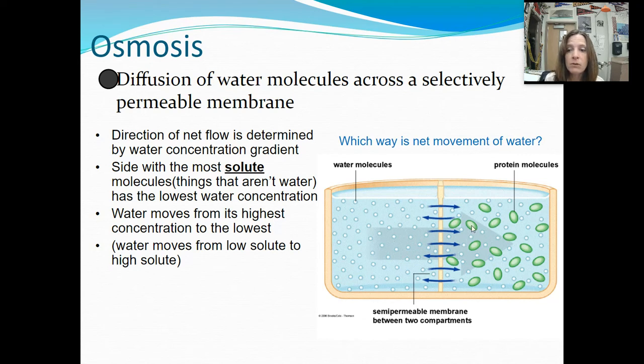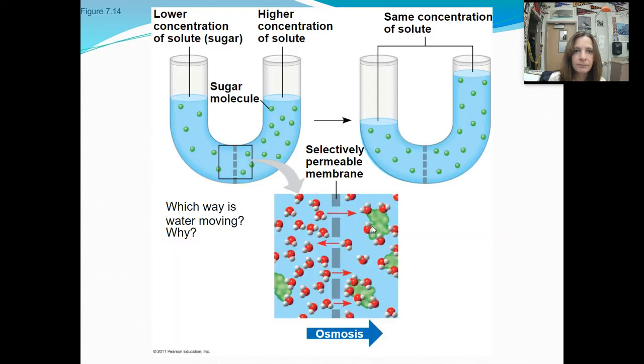So the side with the most solute, things that are dissolved in water, has the lowest water concentration, and water is going to move from its highest concentration to its lower. So it's opposite: if you have lots of solute, then you're going to have very little water, so it's opposite compared to the solute concentration.